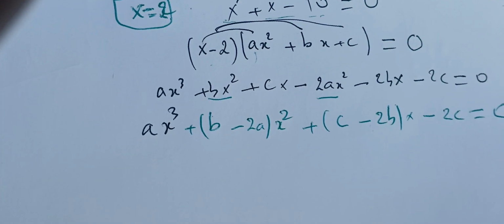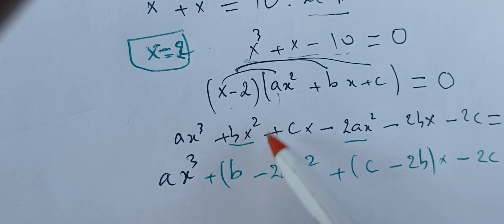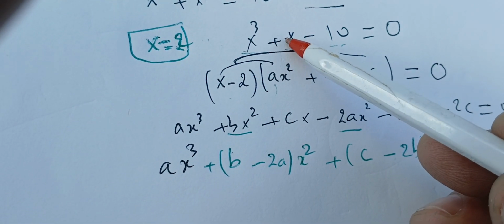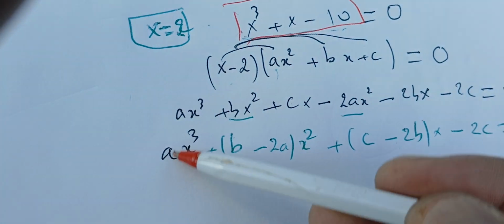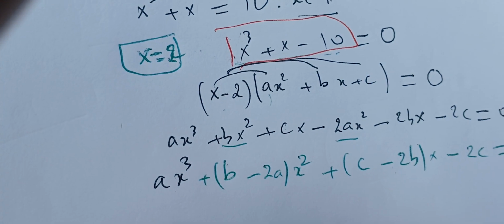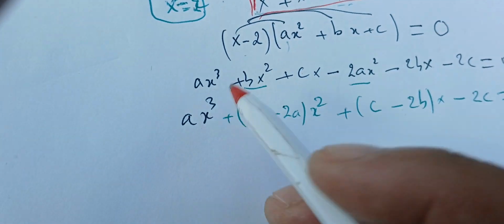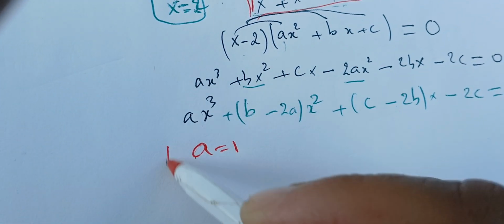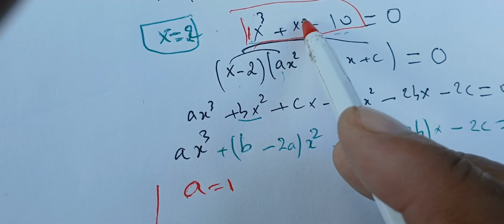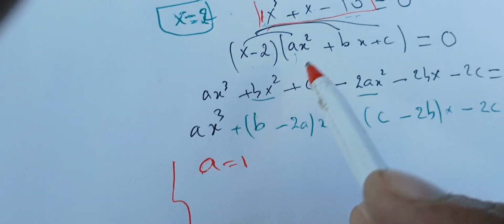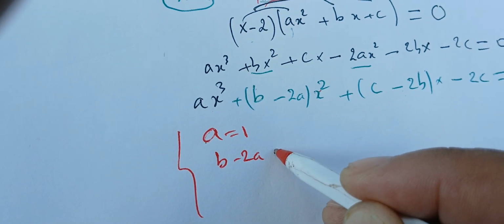What do we mean when we say identification? If this one can be identified with this one here, then the coefficients must be the same. In front of x cubed we have 1, therefore a is 1. There is no x to the power 2 in this equation, so b minus 2a is 0.